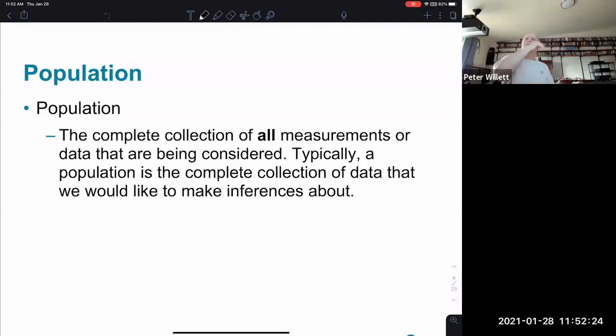All right, let me give you another example of population in this statistical use of the word. A measurement that we could take about everyone in the country would be, did they have COVID or not? Did they at some point acquire the COVID-19 pandemic virus?